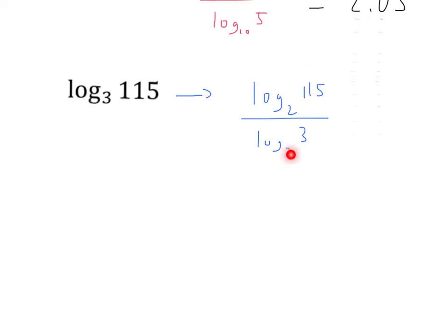But if we're going to do this on our calculator, the easiest way would be to make this the log base 10 of 115 divided by the log base 10 of 3. Remember, if I don't write a base here, we assume it's 10. That's the common logarithm. You can type this into your calculator, log 115 divided by the log of 3, and the calculator will tell you that this is about 4.32.